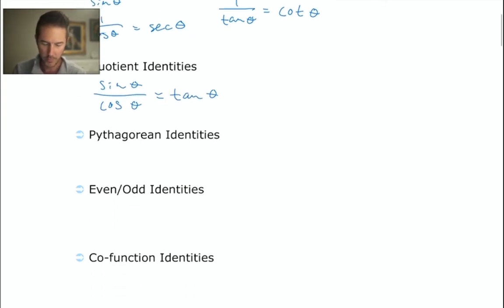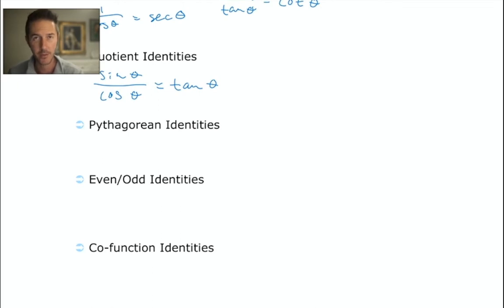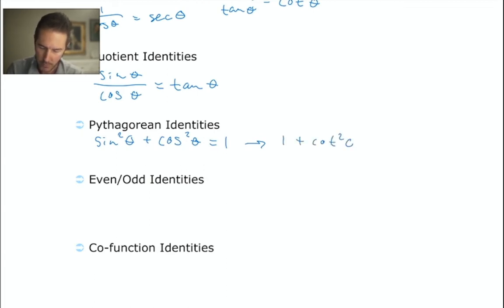You want to know more than anything about the Pythagorean identities, or at least to be reminded what they are. There's the primary one that says sine squared theta plus cosine squared theta is equal to 1. And then there are 2 other versions of this where we take the entire equation and divide it by sine squared, which gives us 1 plus cotangent squared theta equals cosecant squared theta.